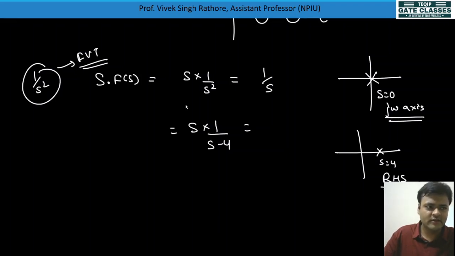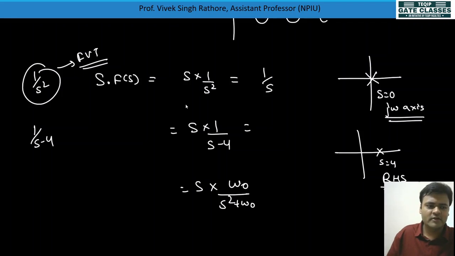So see, when we multiply s with this signal and look at the poles, what we get is that the pole is on the j omega axis. For 1 by s minus 4, we get the pole in the right hand side. Let's suppose s into omega naught by s square plus omega naught square, okay. So here we get the poles at plus minus j omega naught.